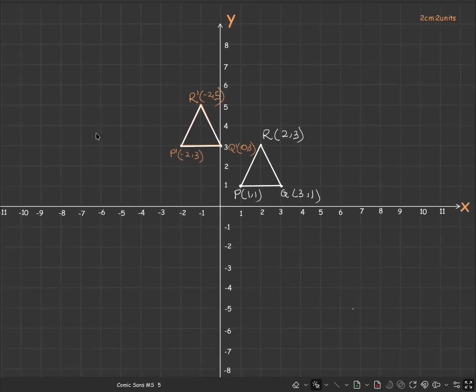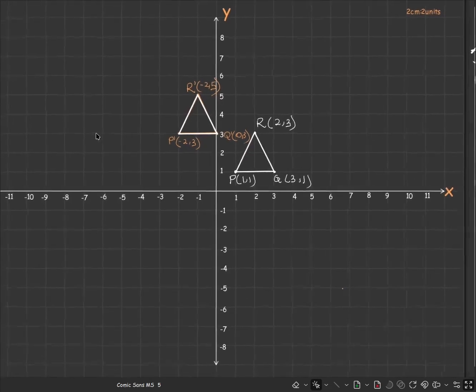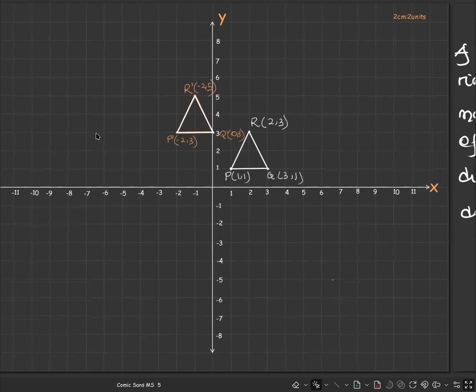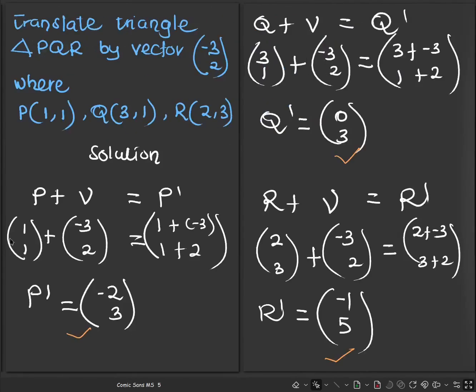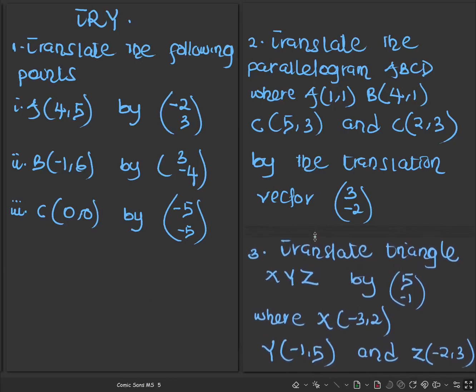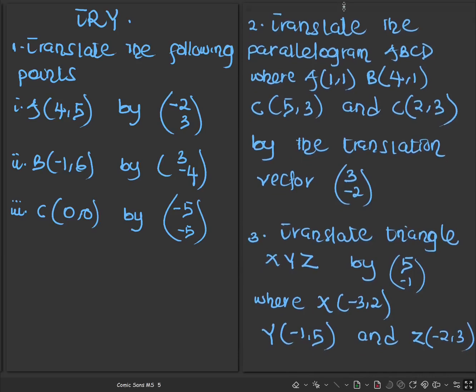I'll write out some exercise so you try. The video has been long, and then I wouldn't want it to be too long. If not, I would have solved more examples. So here are 3 questions you can try on your own just to test your understanding. The first one, you are just to translate some points. Then this one here is a parallelogram.